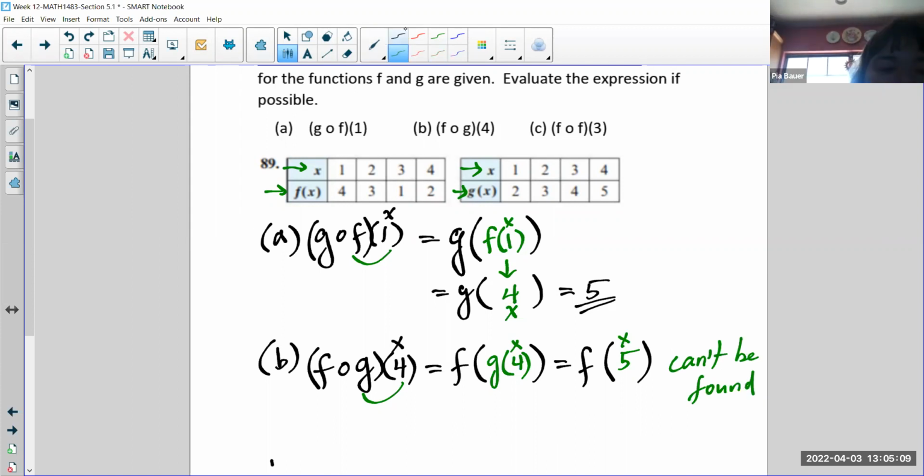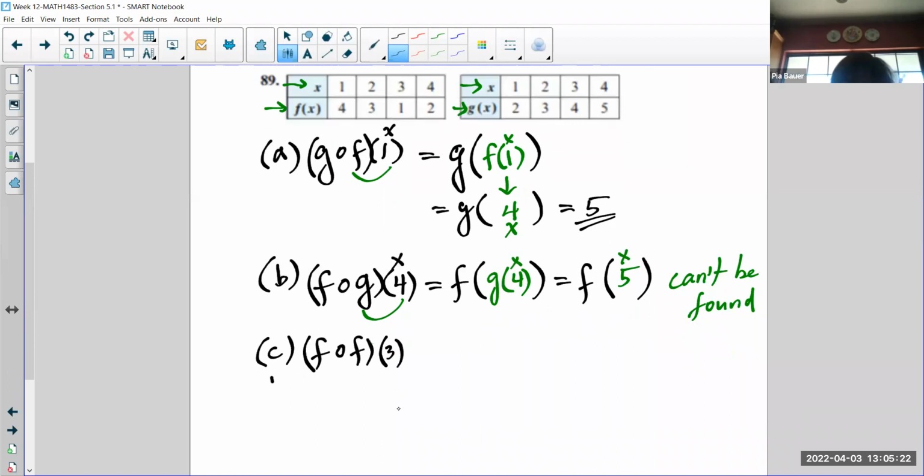Okay, so let's try part C. And that is F composition of F. And this is a little bit tricky because we have F twice. But again, we're going to do that one first, right here. So we have F on the outside, and then on the inside, I'm looking for F of 3.